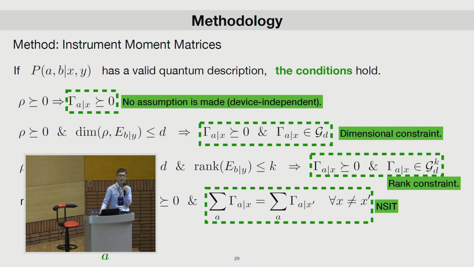Do you have that constraint here? Because you say that you are only having these positivity constraints, or do you have something else in addition to that? If you are talking about the positivity of the moment matrix, then yes, the positivity constraint is the only constraint. Maybe we can discuss offline. Okay, yeah.